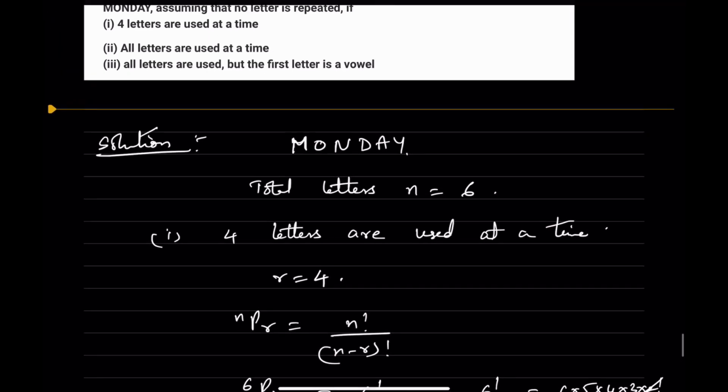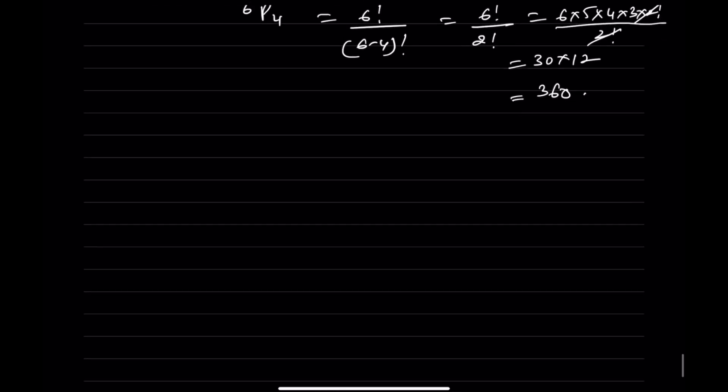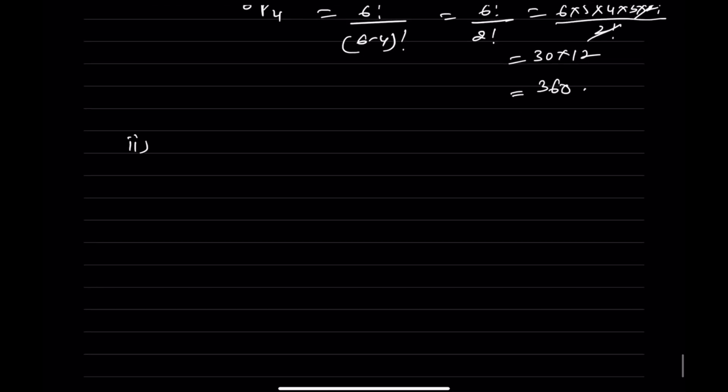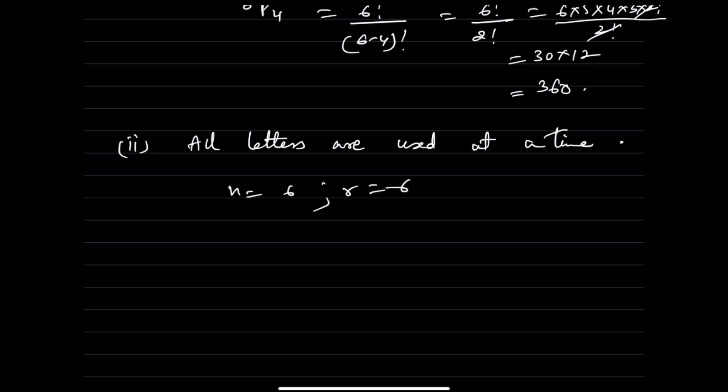Okay, so now what is the second? All letters are used at a time. Here n is equal to 6 and r is also equal to 6. So therefore our nPr is equal to n factorial by (n minus r) factorial.